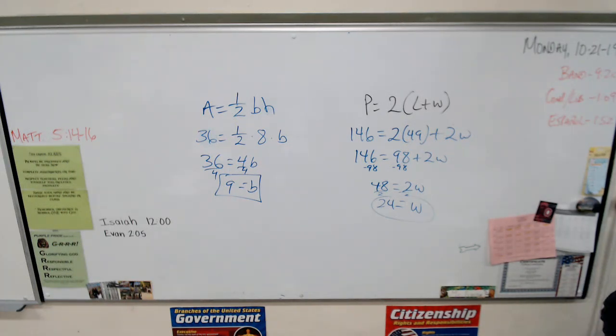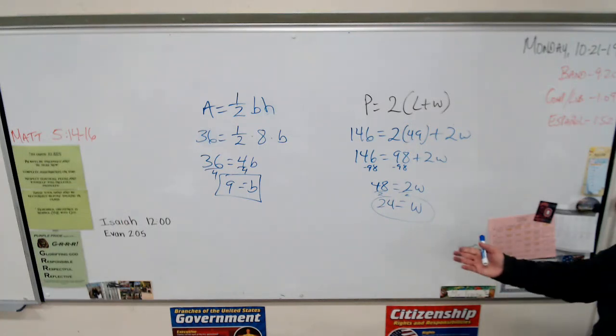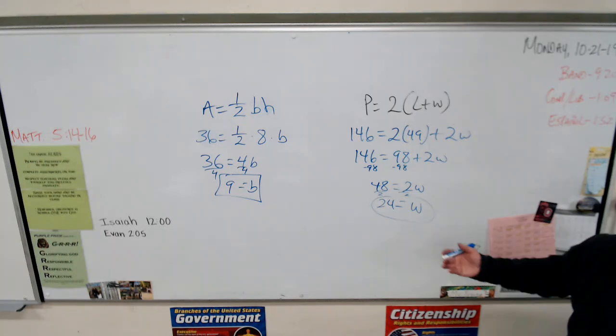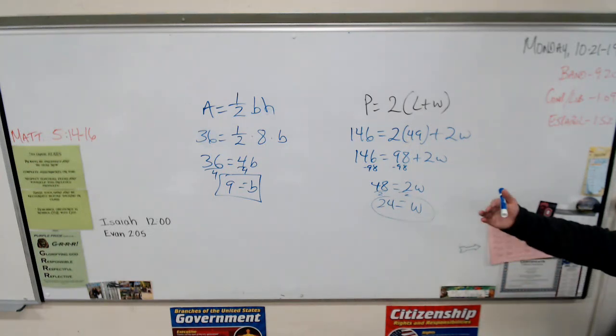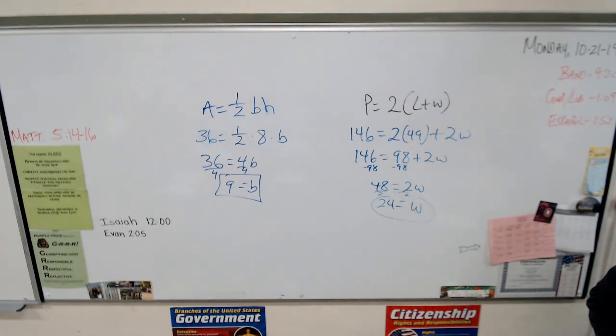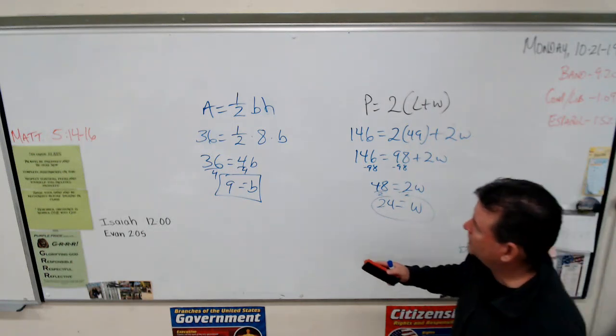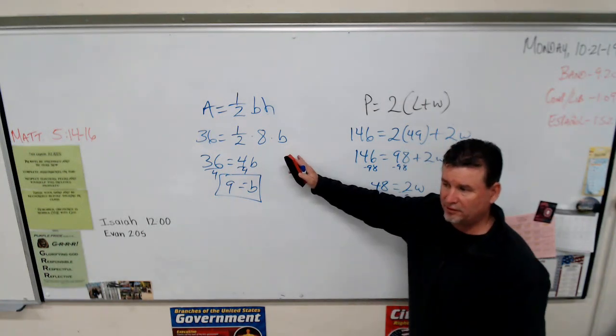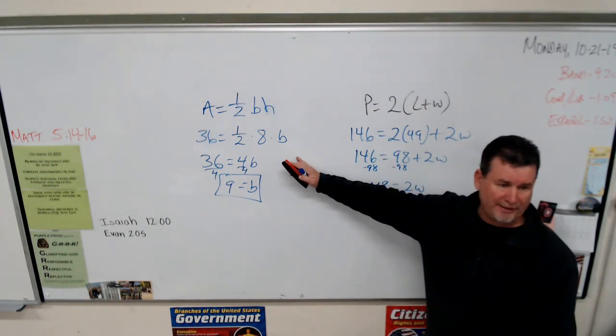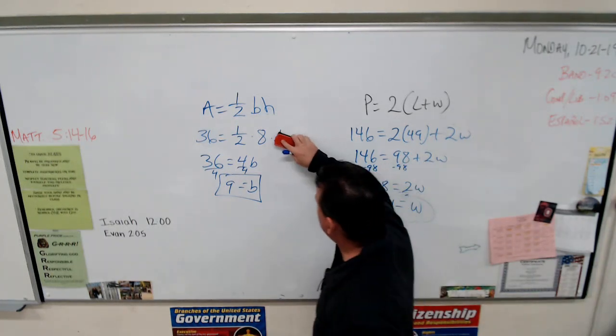Number 19. A triangle has an area of 5 and a base of 2x. What's the height of the triangle in terms of x? That doesn't scare us. You know why? Because all I'm going to do is write the formula and fill in what they gave us. Has an area of 5 and a base of 2x. Is it okay if I erase this? Everybody got number 18 down?